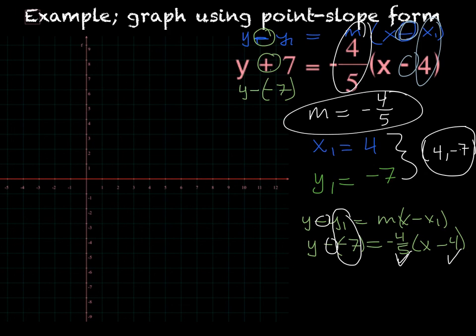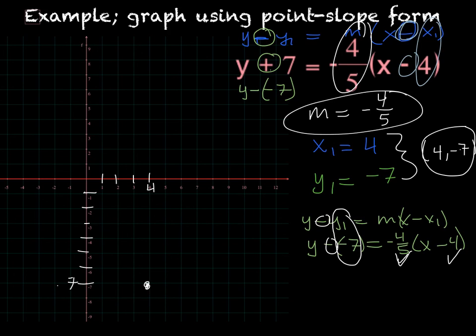Now if I graph this, 4, negative 7, is right there, and then I'm going to go down 4 and over 5.